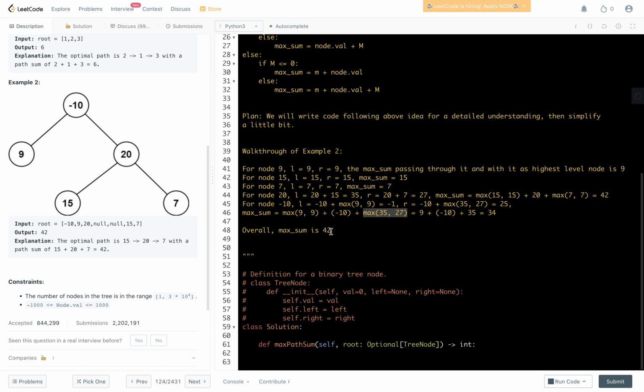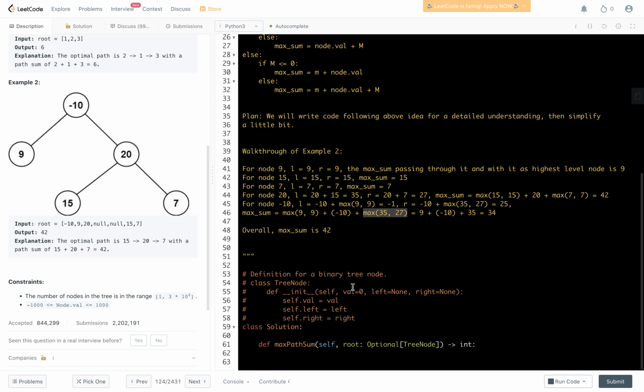So overall we have a result 34. If we compare all these max sums, we get 42 being the max. This corresponds to the path 15, 20, and 7. So that's the output 42 for example 2.